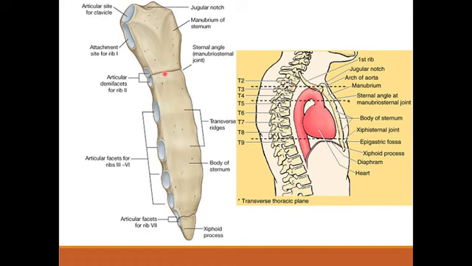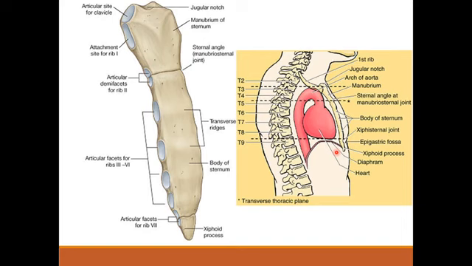The sternal angle or the manubriosternal joint, which is a very important landmark, lies opposite the disc between T4 and T5. The xiphisternal junction or the xiphisternal joint lies opposite the T9 vertebra, and the tip of the xiphoid process usually lies opposite the T10 vertebra.